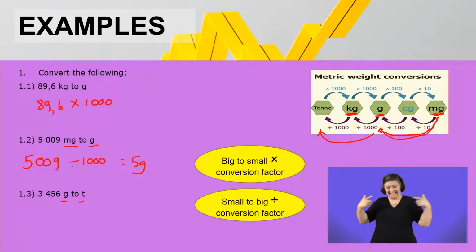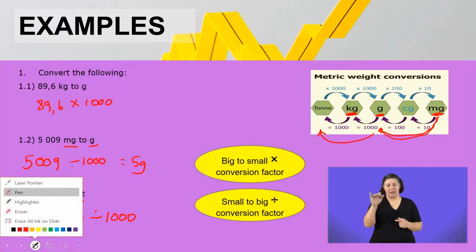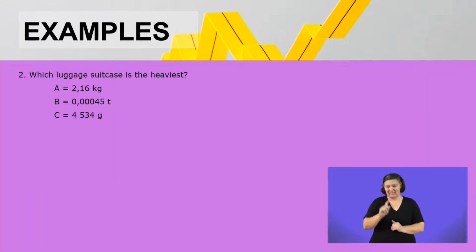So in this case, I'm going to say 3,456 grams divide by 1,000 divide by another 1,000, or for this method I can also say divide by a million, and that will give us an answer of 0,003456 tons.